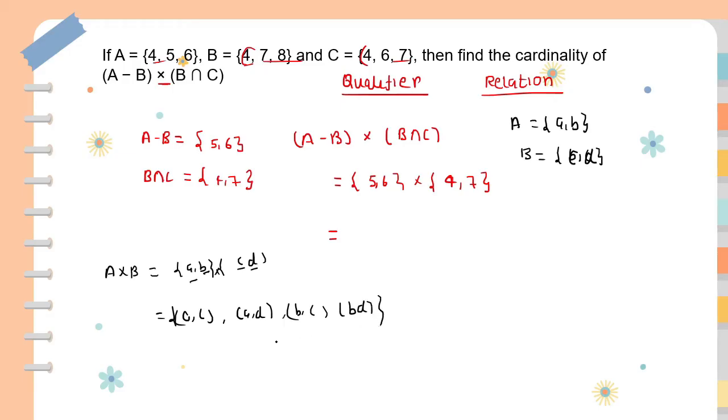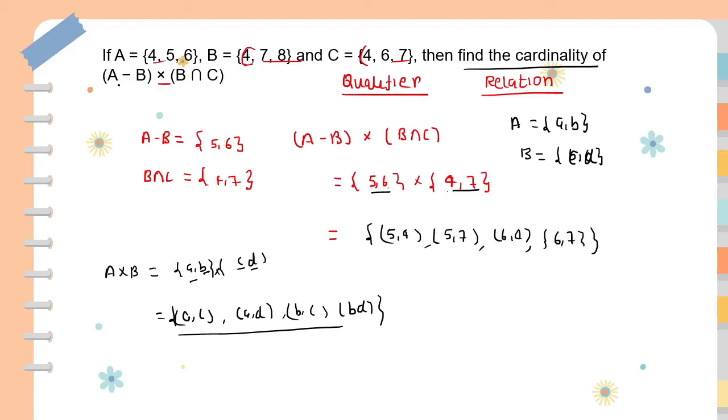This gives 4 elements, since there are 2 and 2 elements, so 2 times 2 gives 4. So it will be equal to (5,4), (5,7), (6,4) and (6,7). Now we have to find the cardinality of this set.